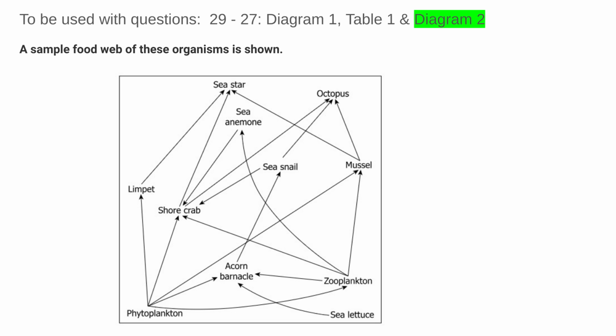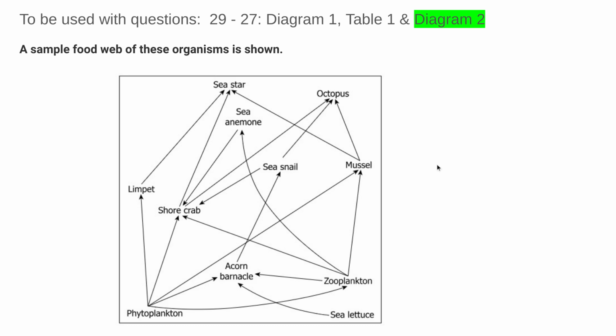A decrease in the sea star. Now, if you look, the sea star and the octopus don't even seem to be in the same chain. So I'd take A out. An increase in the limpet population. Again, the limpet is all the way over here. If you just track your arrows, they're not even in the same chain.